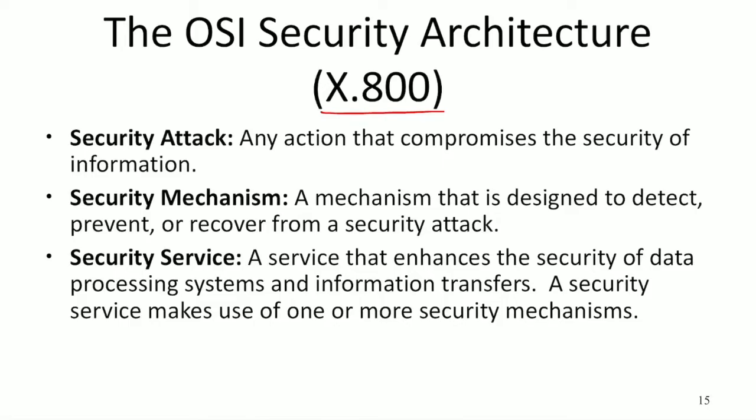A security service is a processing or a communication service that enhances the security of the data processing systems and the information transfers of an organization. The services are intended to counter security attacks, and they make use of one or more security mechanisms to achieve that.